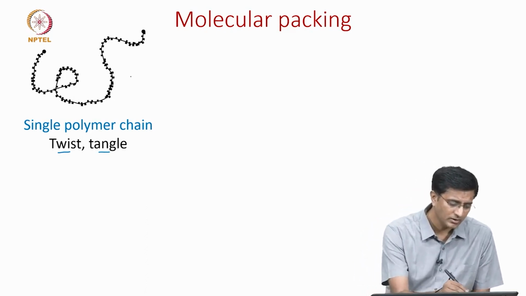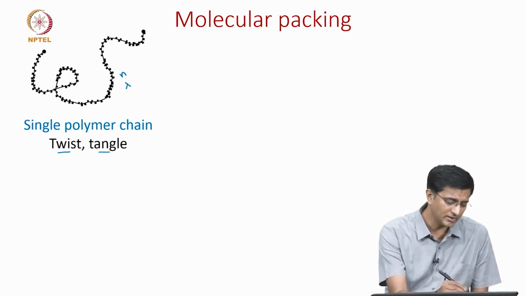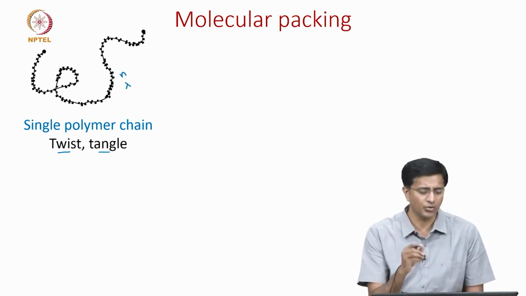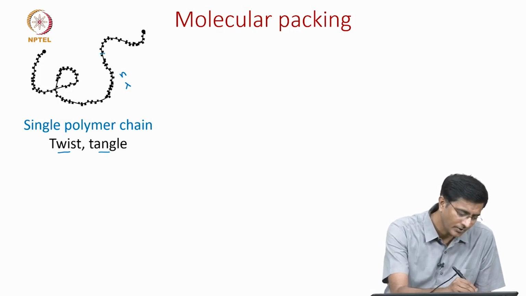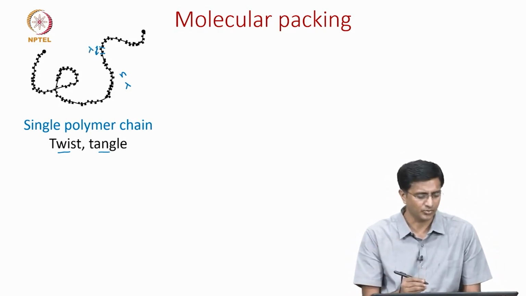Now, if we look at the total length of the polymer, n, let us say, is the number of monomers, and lambda, let us say, is the length of each monomer, meaning from here to here we will say that this length is defined as lambda, which is the length of the monomer.